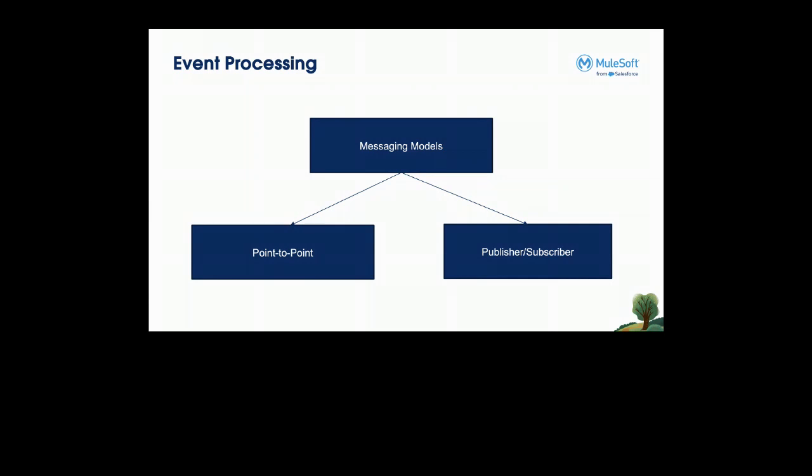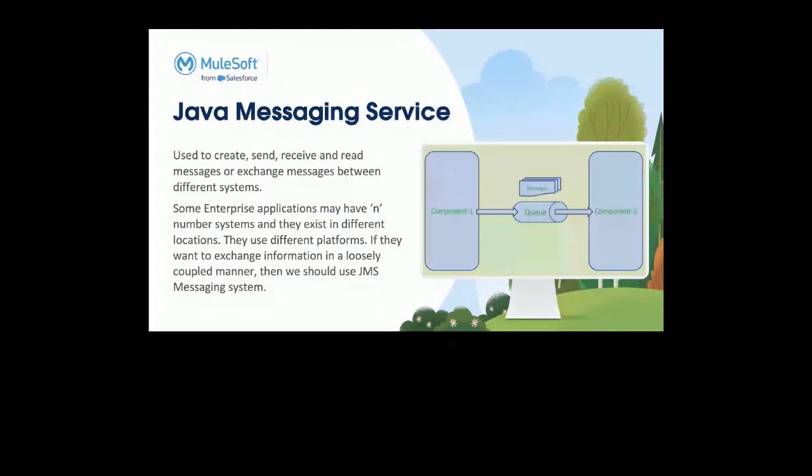So let's go to the Java Messaging Service. MuleSoft allows us to connect with MQ brokers from JMS. We can use it to create, receive, send and read messages, and also exchange messages between different systems. For example, an enterprise application may have n number of systems, existing in different locations and using different platforms, that want to exchange information in a loosely coupled manner.